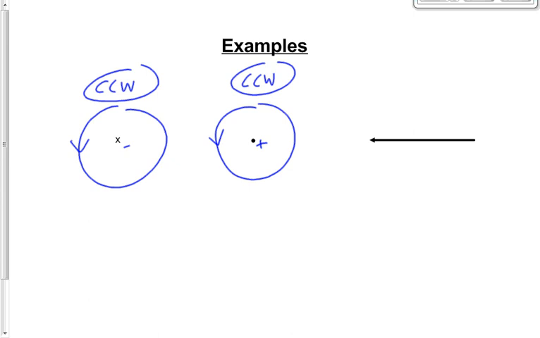The circle's like this. Front. I'm going to stick my left.